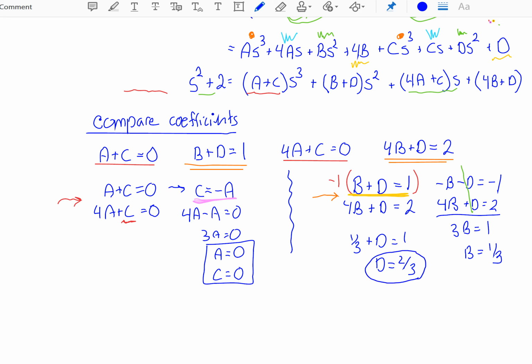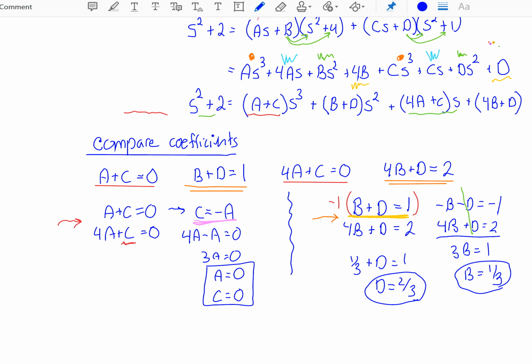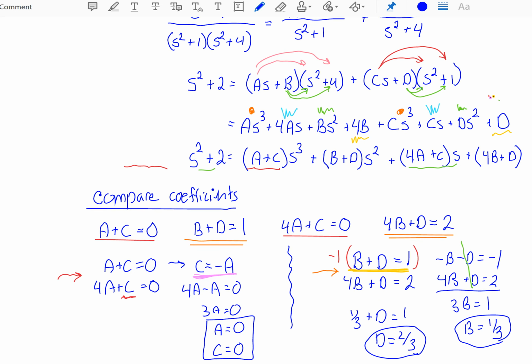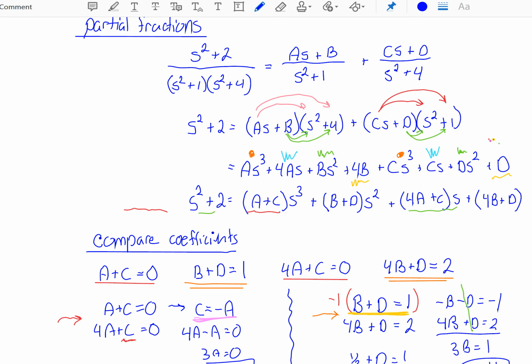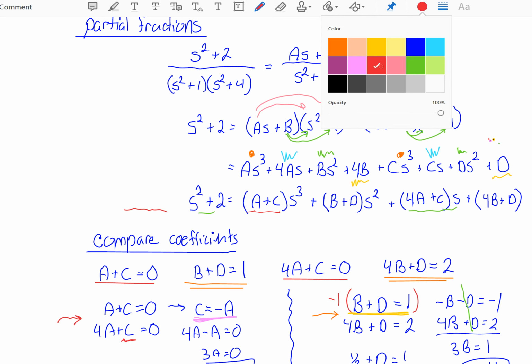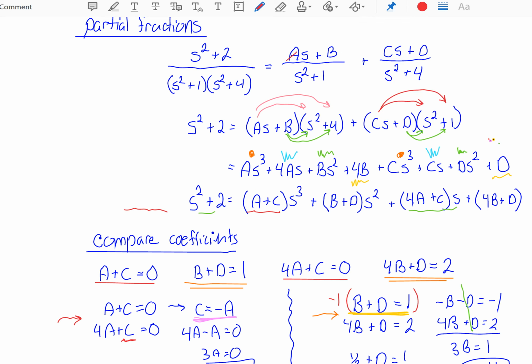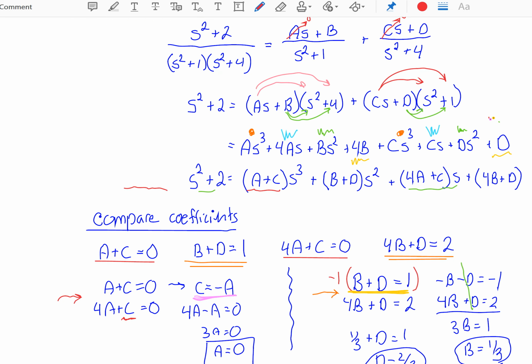And this now gives us our other two constants we needed. So now let's go back to our original partial fraction decomposition. We have now determined that a and c are both 0, b is 1/3 and d is 2/3.